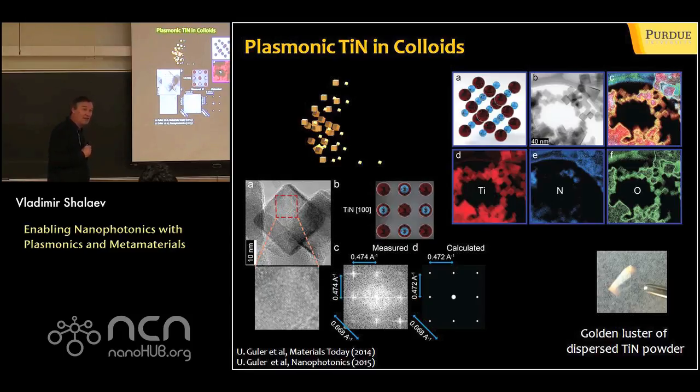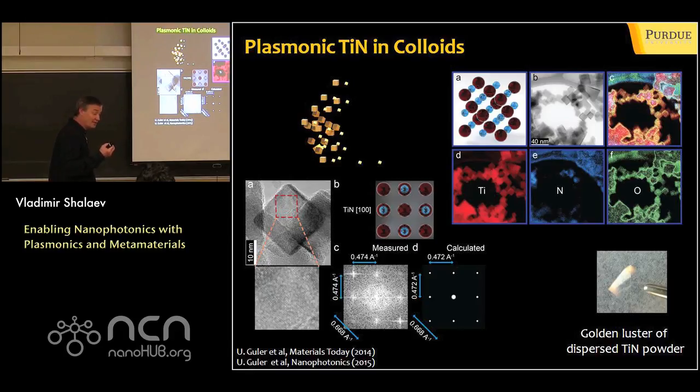You could buy them of any size, and it's very cheap and available. And then you nitridize these particles in the atmosphere of ammonia. You anneal them in ammonia, and what happens is you basically replace oxygen with nitrogen. And your titanium dioxide particles become titanium nitride particles, and they're beautiful.